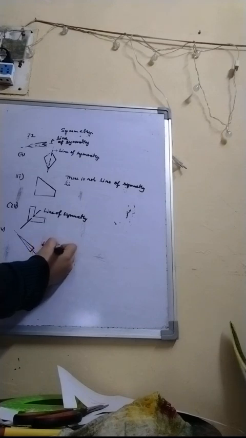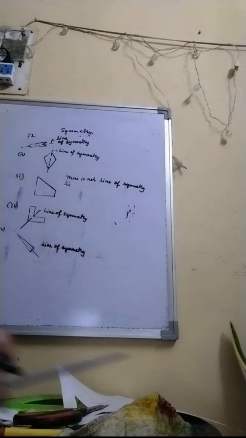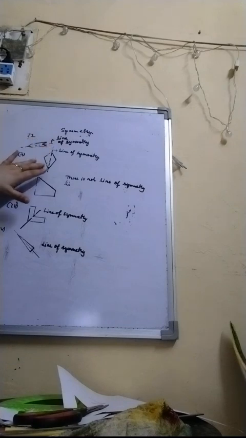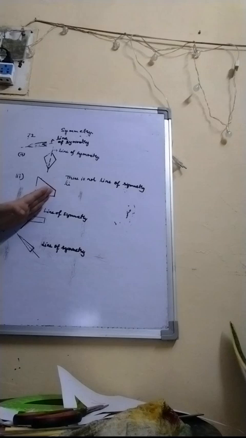So in this way you can find the line of symmetry either by folding of the paper or just by observing the figures, that where it would get divided into half. This figure is divided into half, this figure is divided into half along the line of symmetry, and this triangle is also divided into half along the line of symmetry. So in this way you can get the line of symmetry.